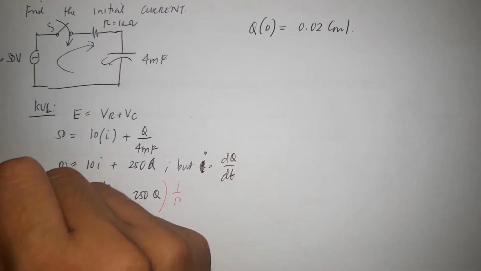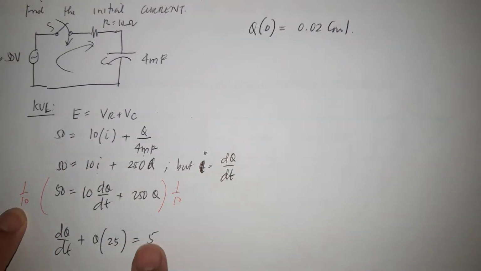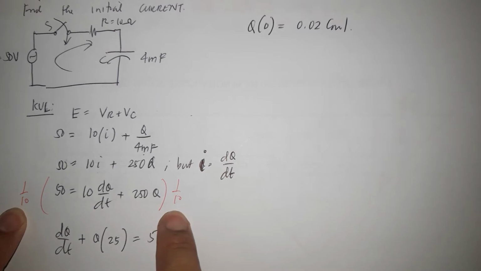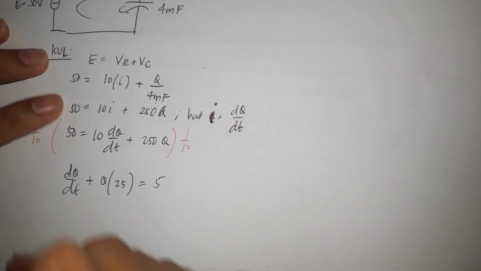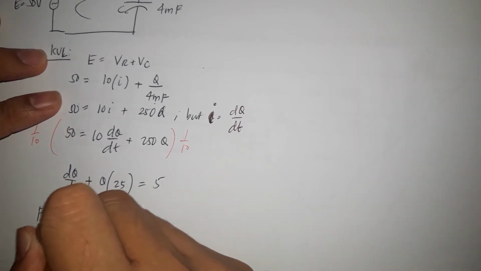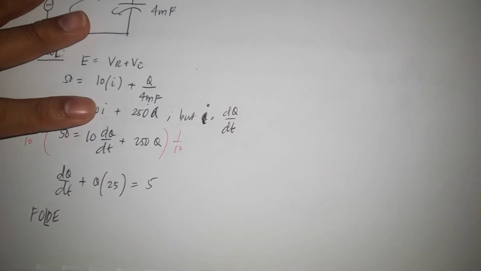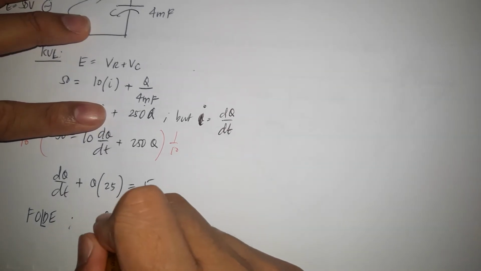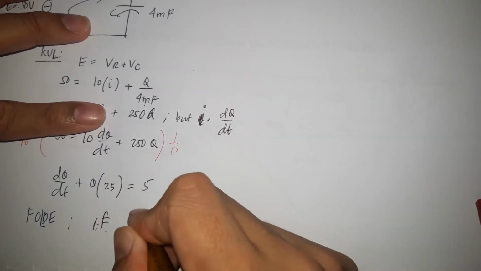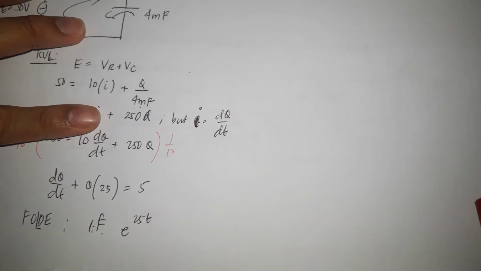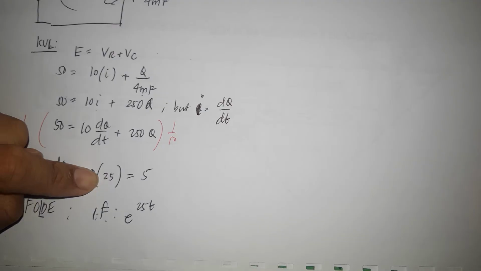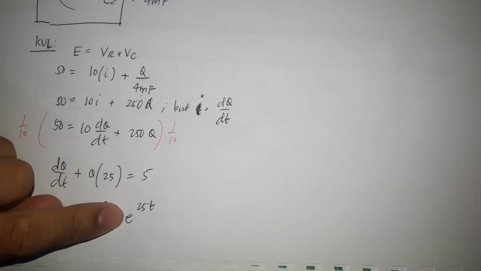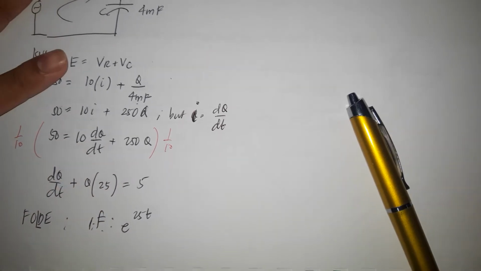So again, I divided this all by 10. So let's multiply it by 1 over 10. So this 1 over 10 times 50 is 5. Then 250 divided by 10 is 25. And then this becomes dQ/dt na lang. So this is again a first order linear differential equation, whose integrating factor IF is e to the integral of 25 dt, which is equal to e to the 25t.